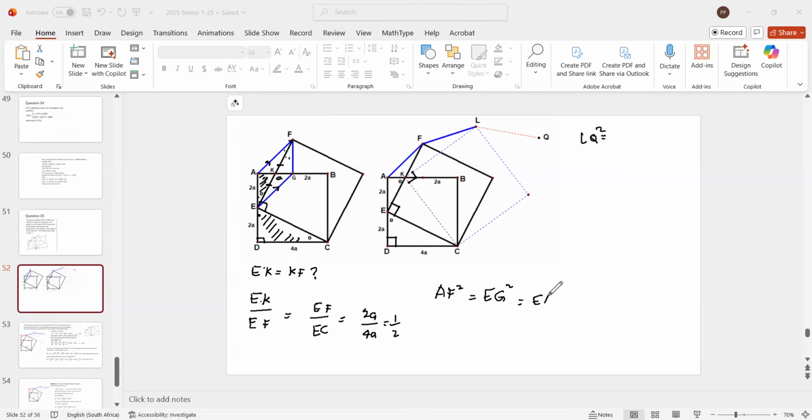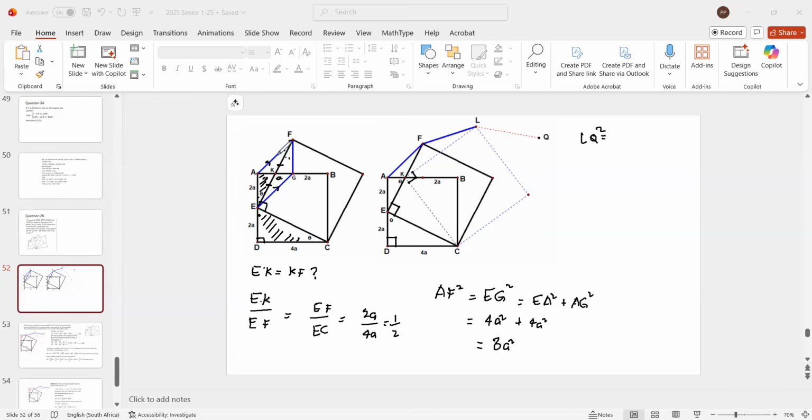So it's EA squared plus AG squared. It's a right angle triangle. And EA squared, we said that is 2A all squared. And AG, by construction, G was the midpoint of this. That's also 2A squared. So you have 8A squared.